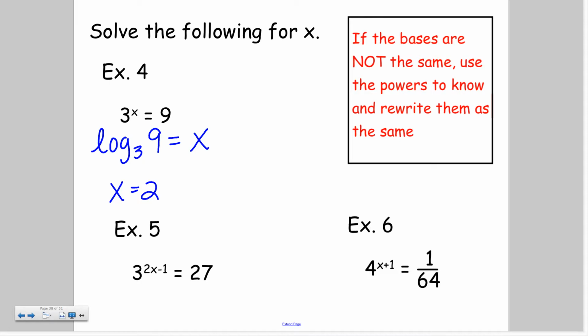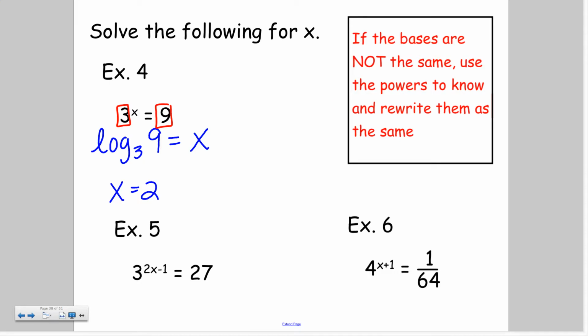Now, we're not going to be able to rewrite them as logs for every single kind of exponential function that you're going to see. So, the way to handle this kind of problem, I've got a base of 3 and a base of 9. I can't write 3 as a base of 9, but I can rewrite 9 as a base of 3.